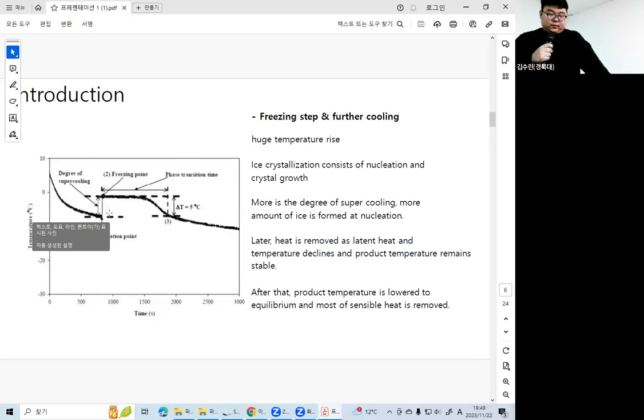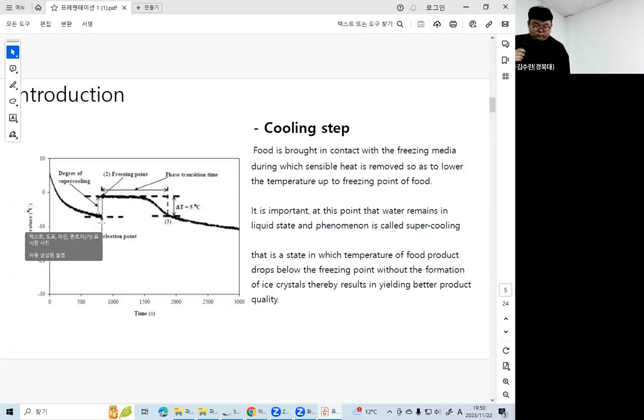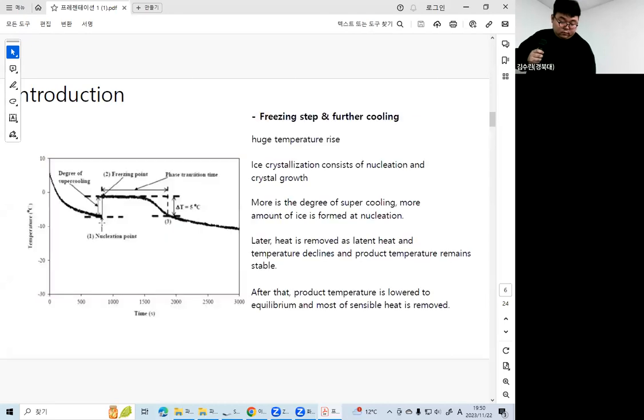And the crystals grow. The greater the degree of supercooling, the more ice is formed at nucleation. Later, heat is removed as latent heat and the temperature declines, and the product temperature remains stable.